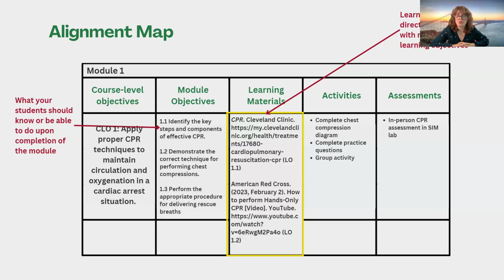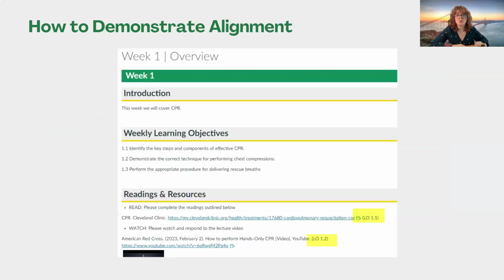Or add it as an enrichment opportunity. So I think an alignment map is a really great way to determine that. And it also goes a long way toward, I think, showing evidence that your course is well designed, right? And you can even share this with your students.